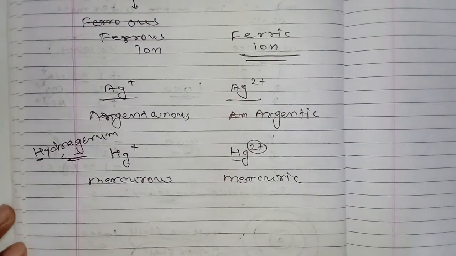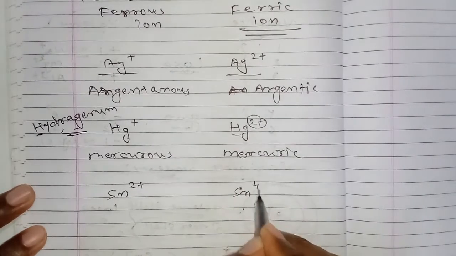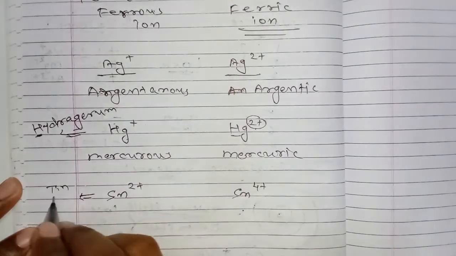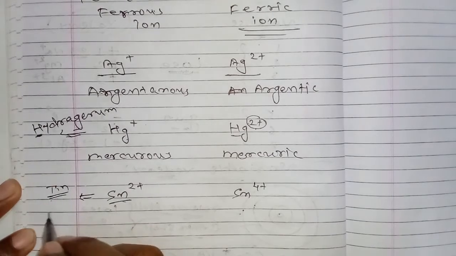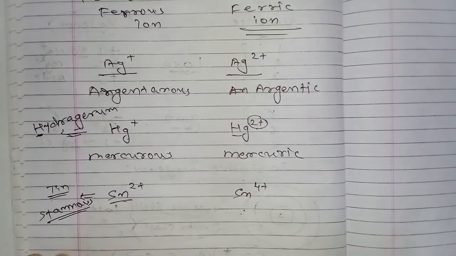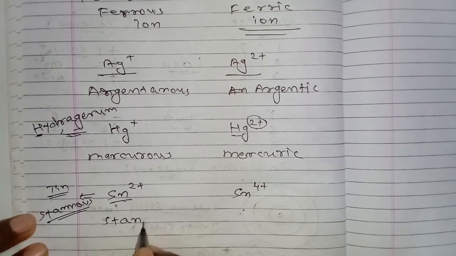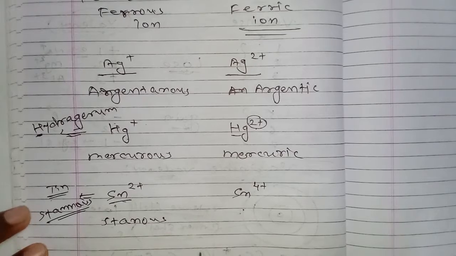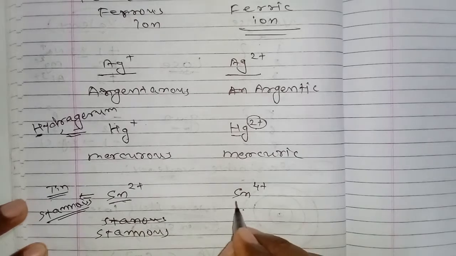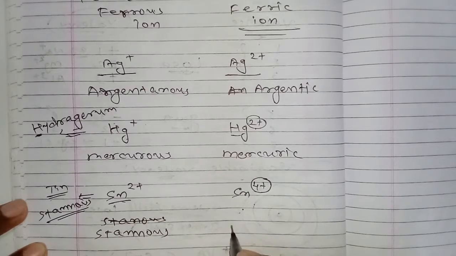Or Sn2 plus and Sn4 plus, a tin metal: Sn2 plus is stannous, and with the suffix IC, Sn4 plus is stannic.